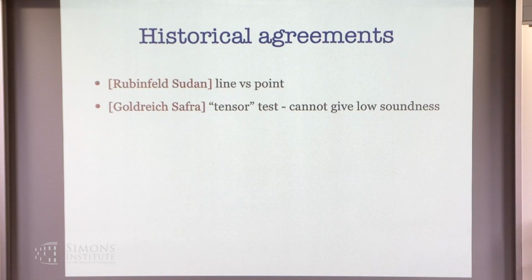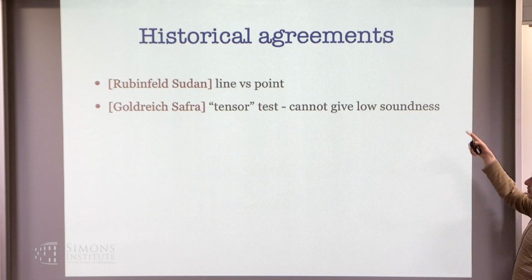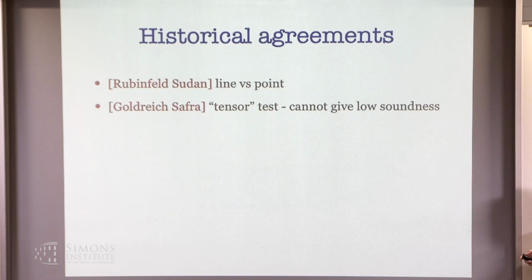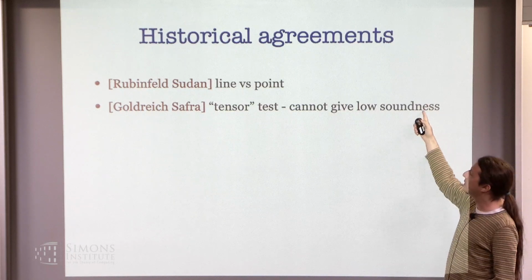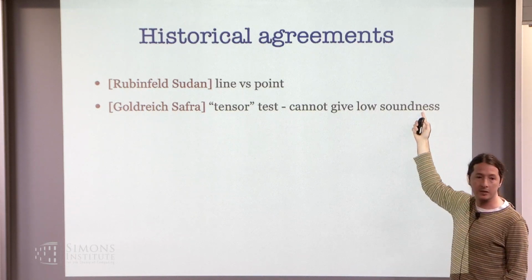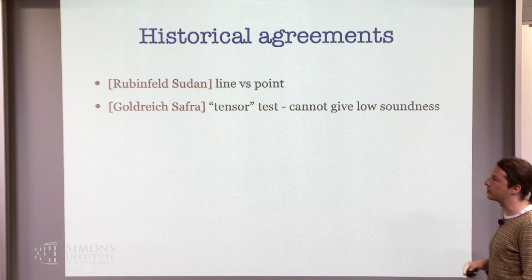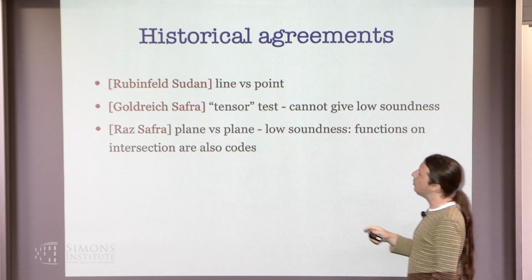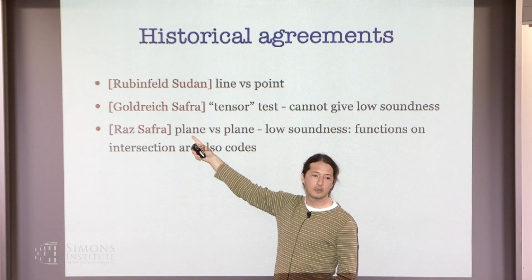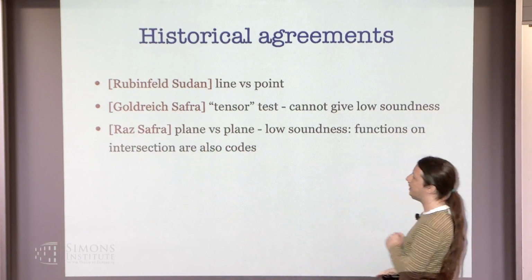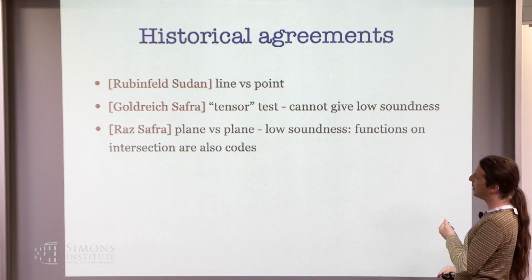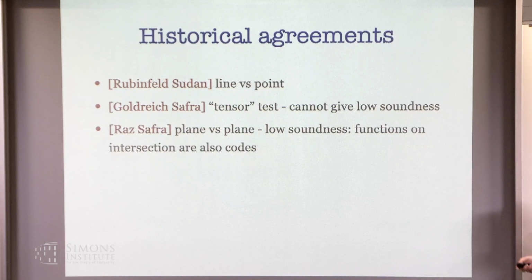There's Goldreich and Safra, who used similar tests for tensor products of codes, but they could not give a low parameter soundness, and we want soundness delta, which is small. There is Raz and Safra. They used only subdomains that are subspaces with a small dimension, maybe planes, and they got low soundness.